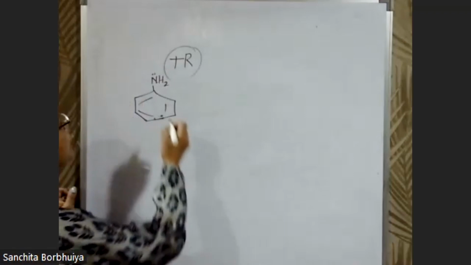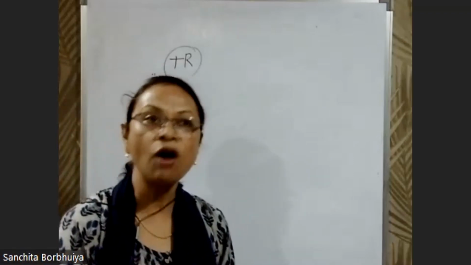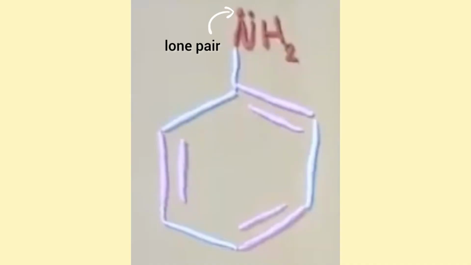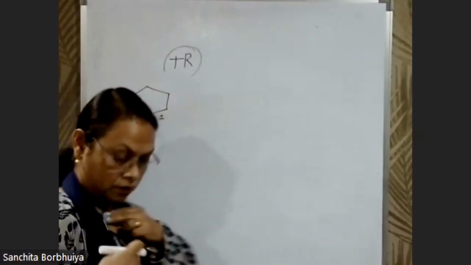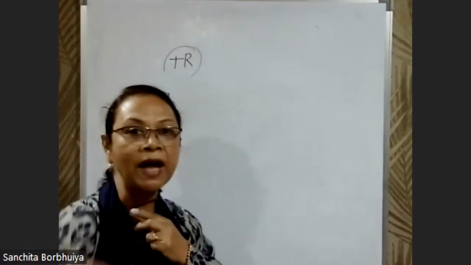Okay, so let us start the positive resonance, and what I will do is involve the lone pair of nitrogen in the resonance. So that is about positive resonance, where the lone pair of nitrogen is also getting involved with the pi cloud of benzene.